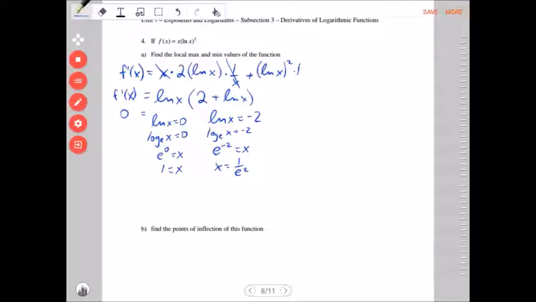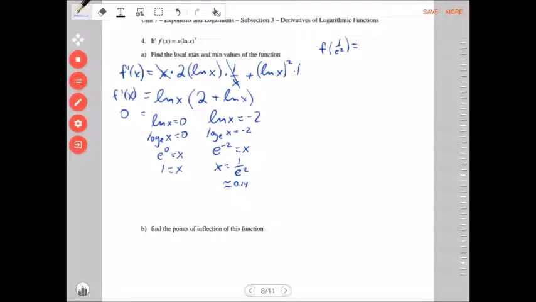So let's figure out our potential maximums and minimums here. Okay, so that goes back up to the original function. So we go f of 1 over e squared. Just for the fun of it, I did put that in. That is roughly 0.14, just to give us an idea. So that is the first one, so f of 1 over e squared.